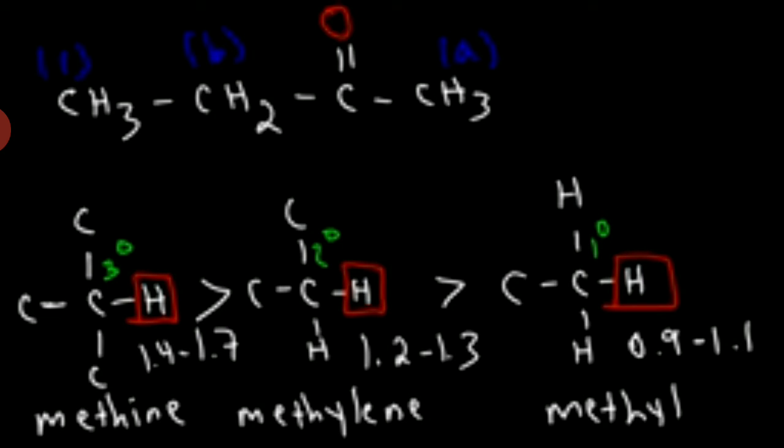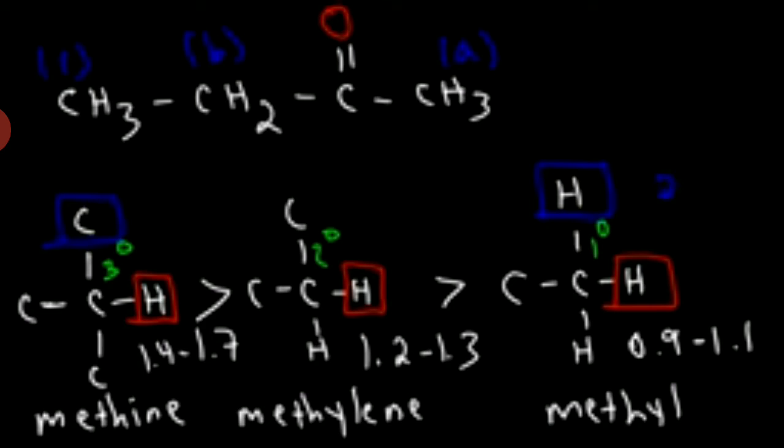Again, the same reason of electronegativity. The carbon atom is more electronegative as compared to the hydrogen atom. You can see the tertiary carbon is directly attached to 3 carbon atoms.